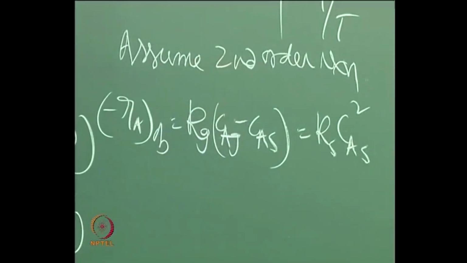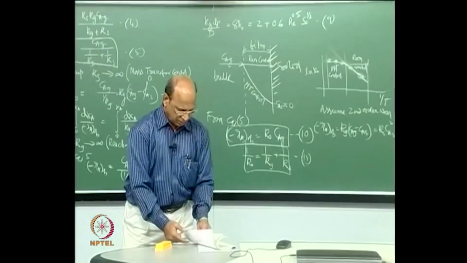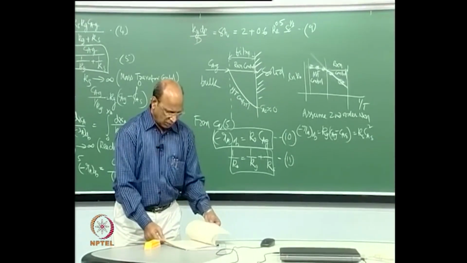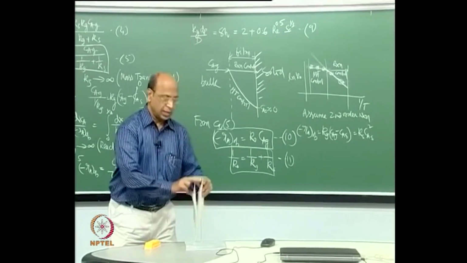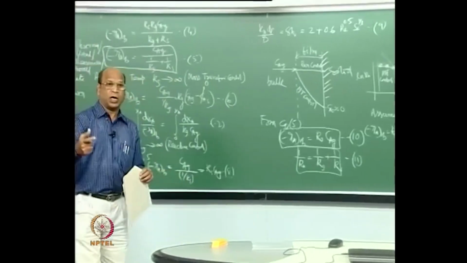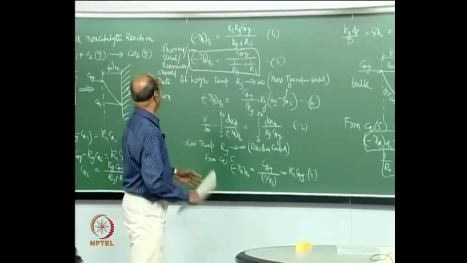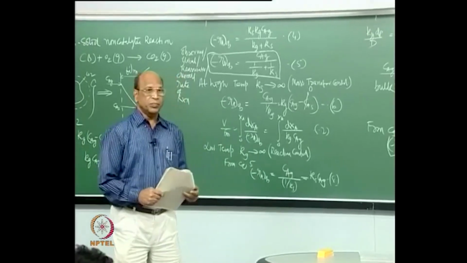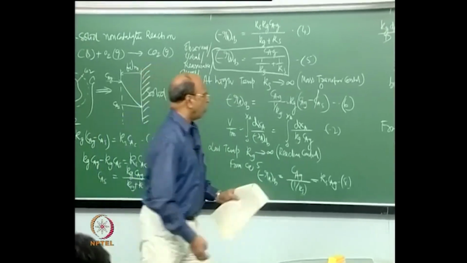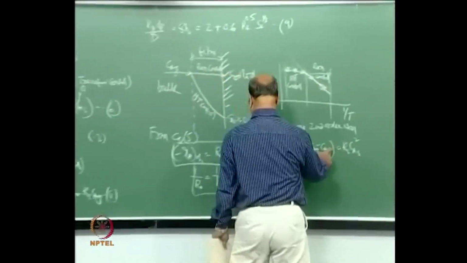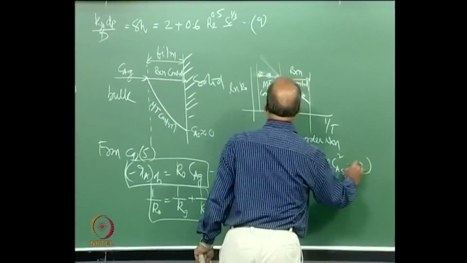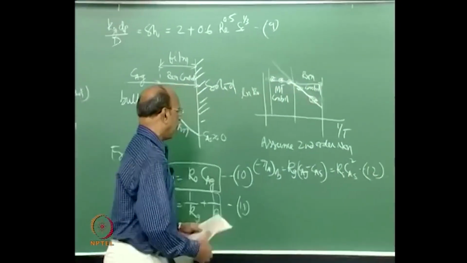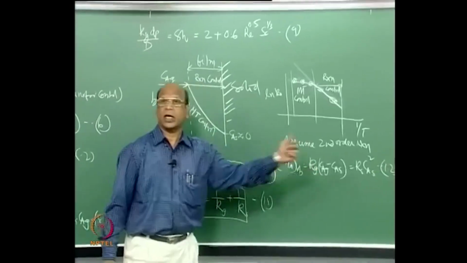What is the procedure we have been discussing to find the overall rate, or global rate, or measured rate? Eliminate C As. If I want to eliminate C As from this equation, which I will call equation 12, then I have a quadratic equation.